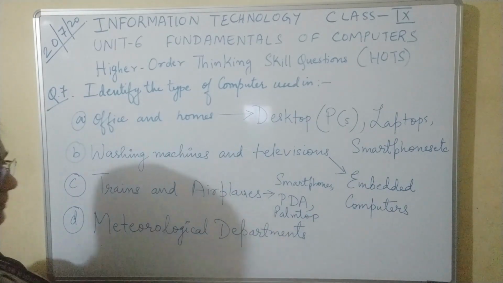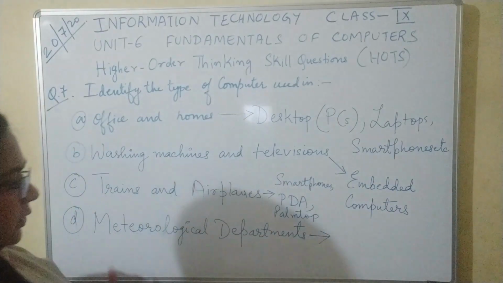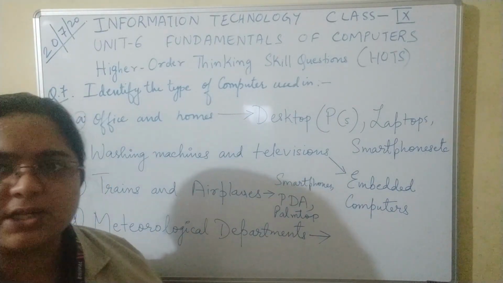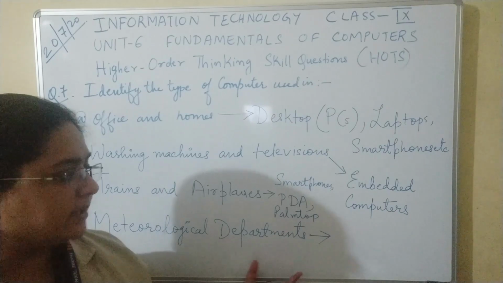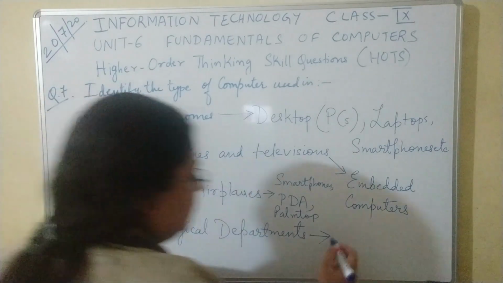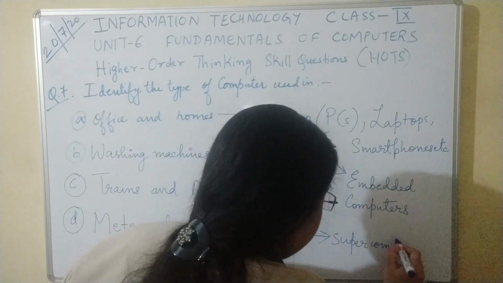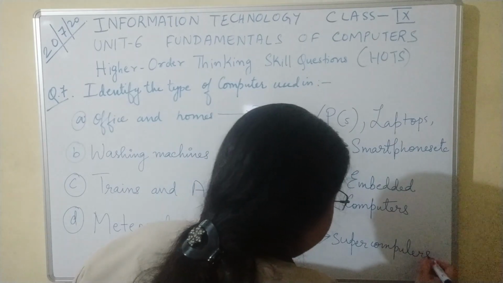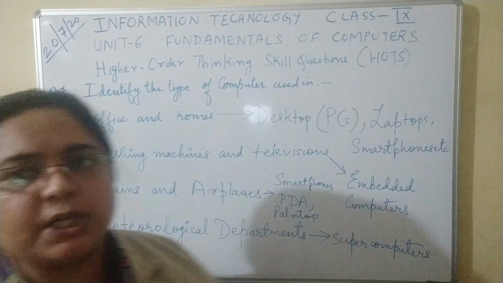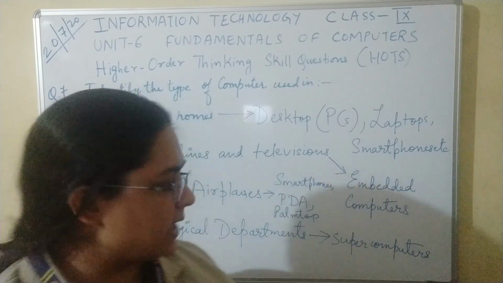And last of all, meteorological departments. Meteorological departments are those departments which are generally engaged in weather forecasting, the weather department. They make use of supercomputers, because the amount of data collected from a particular region referring to its weather is huge.